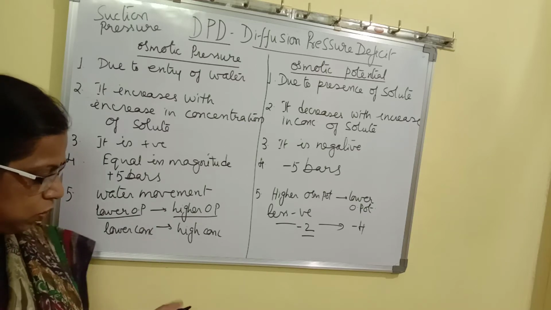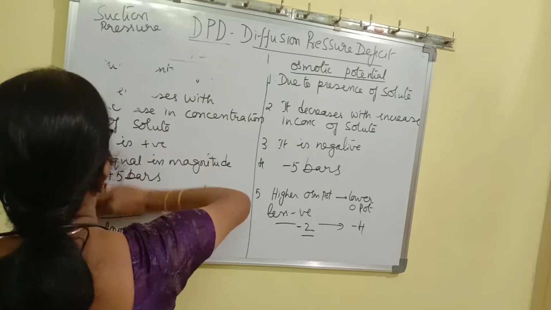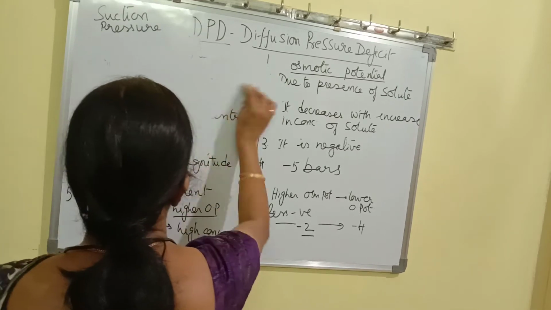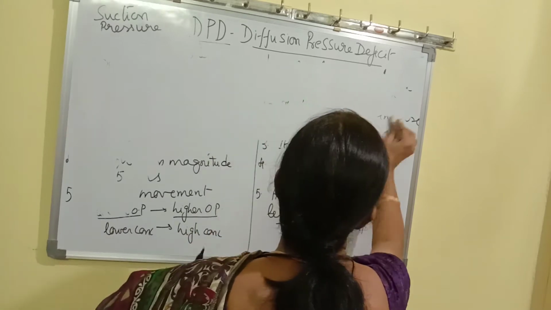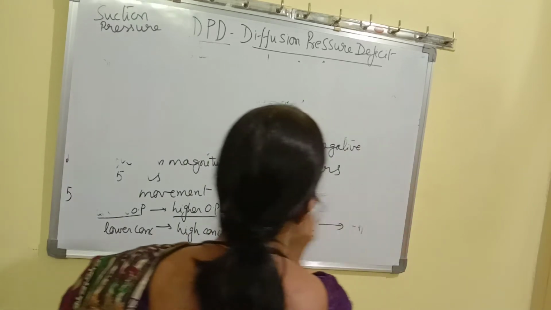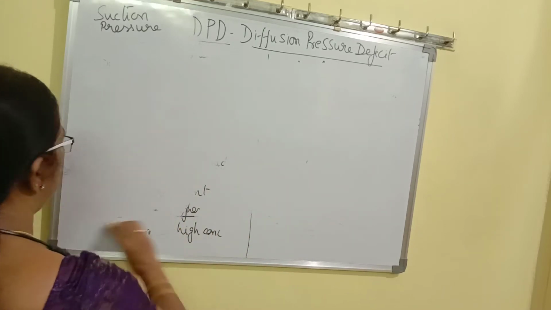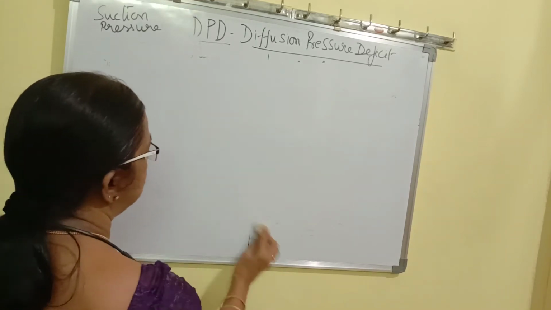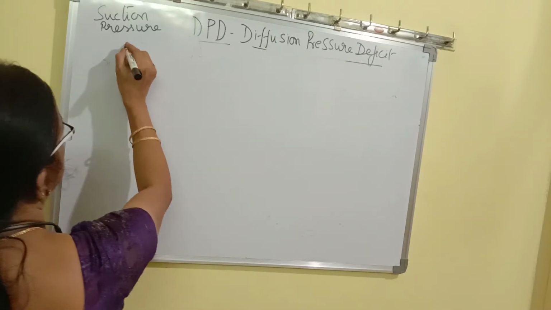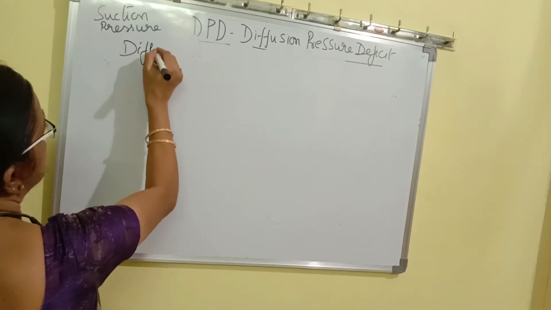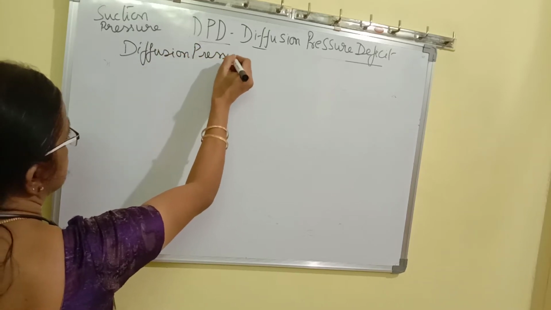Now let us start with what DPD, or diffusion pressure deficit, is. First we will see what diffusion pressure means, then we will see what its deficit is.